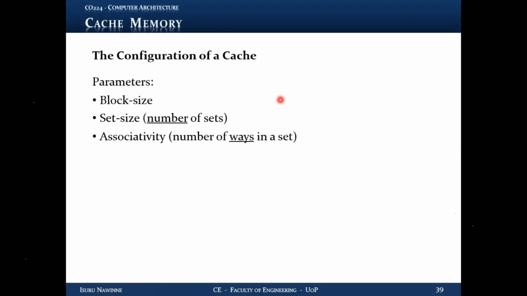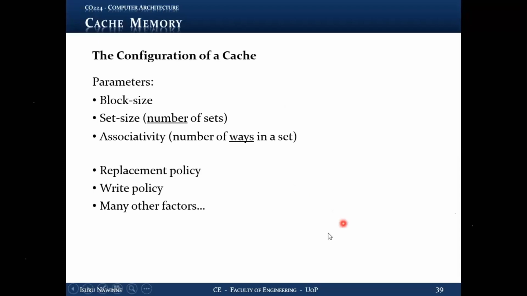Then there are other parameters that go into the configuration, like the replacement policy. When you have to evict a block or throw out an existing block, what is the policy for that? You have least recently used, pseudo least recently used, and first in first out. There are other techniques as well.